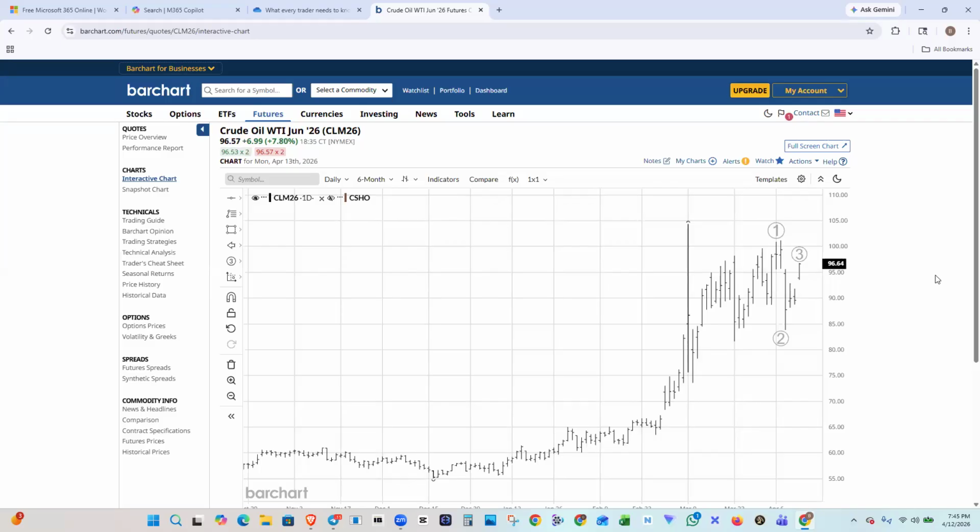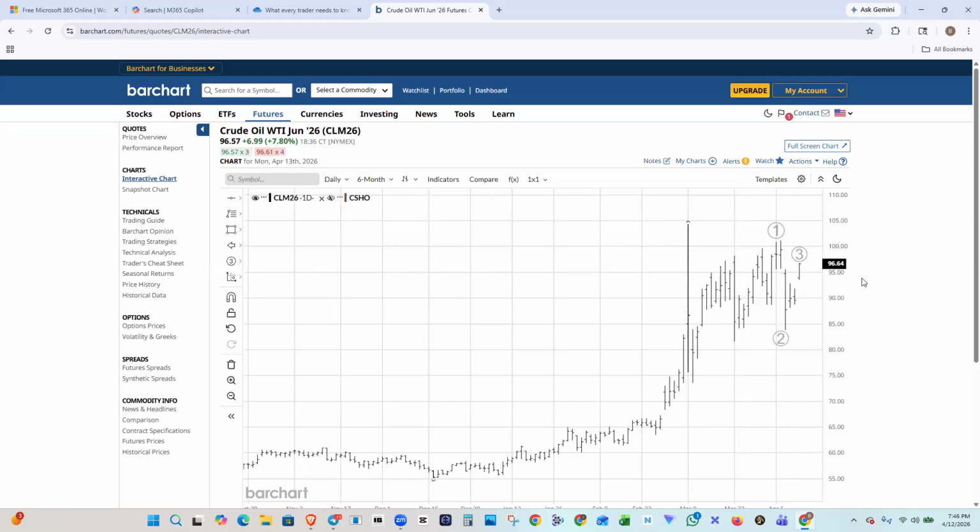A couple other things that some folks on here love. Guess what? We also see a gap here, and charts don't like gaps, so they often come back to refill them.